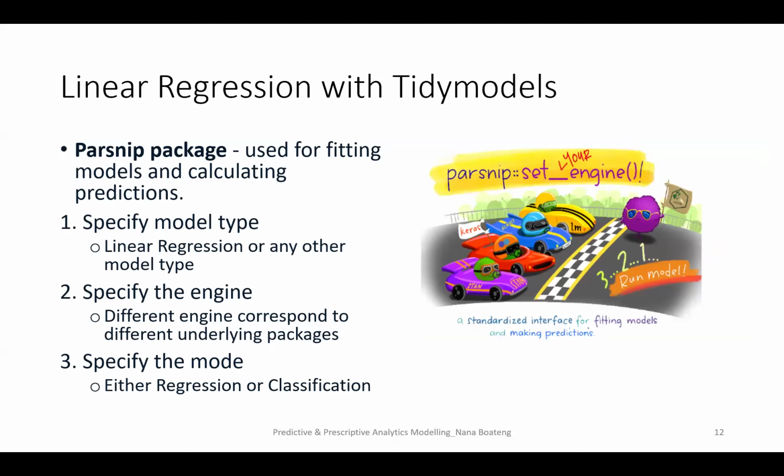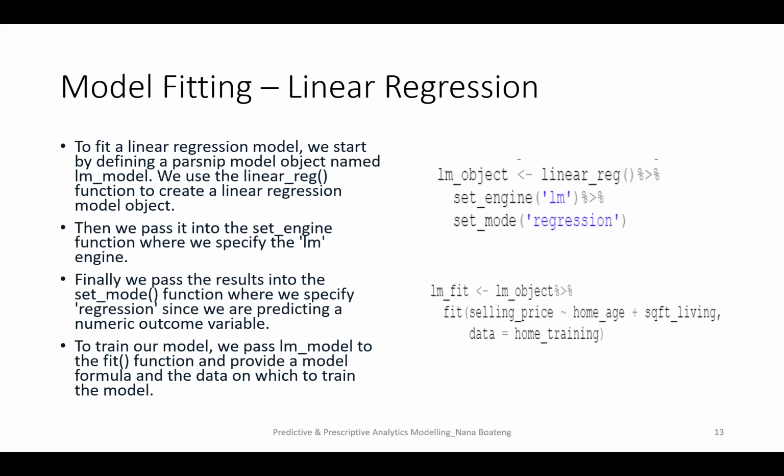The parsnip package, we use that in specifying a model type. Yesterday we saw how we can specify the model type, the engine and also the mode. If you will notice, yesterday when we were doing the logistic regression, we set the engine to glm, that's generalized linear model, and then we set the mode as classification.